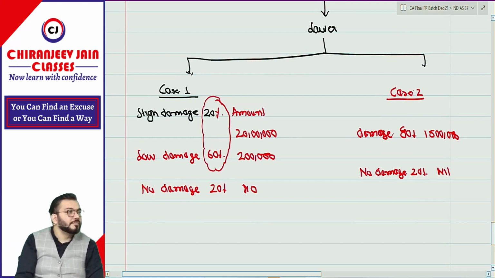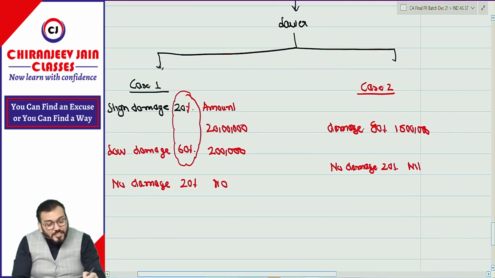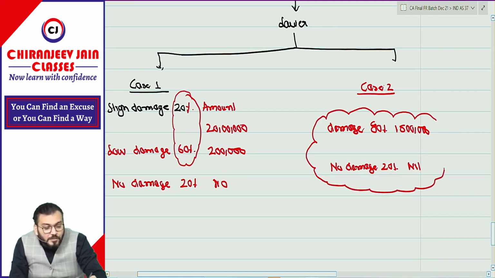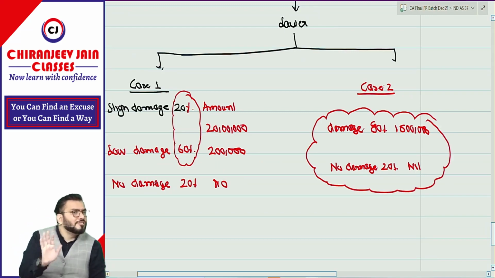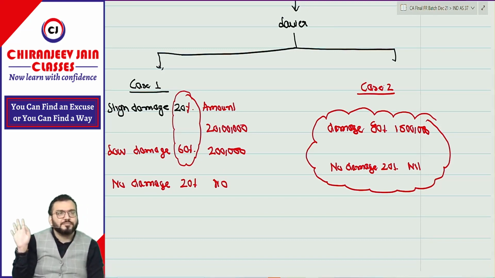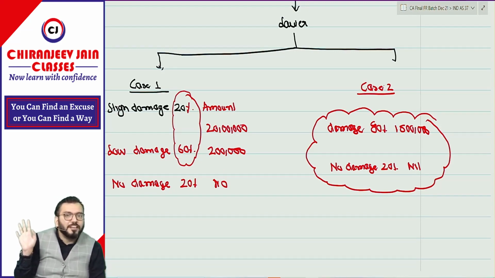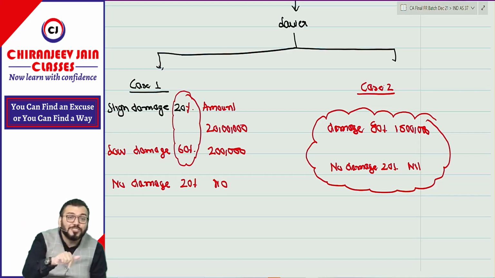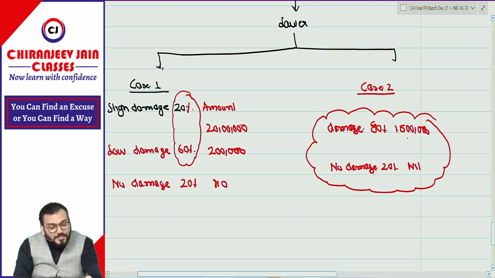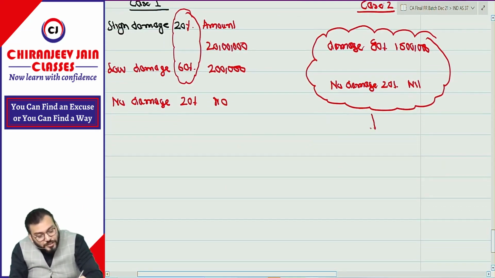Understood? Correct. You can see in this case there are only two possible outcomes. So what Ind AS 37 says is: don't apply weighted average in this case. Take the most likely outcome as the amount of provision. So what is the most likely amount? 80%, 15 lakh. So the amount of provision will be equal to 15 lakh.